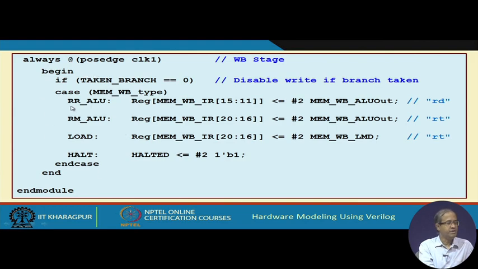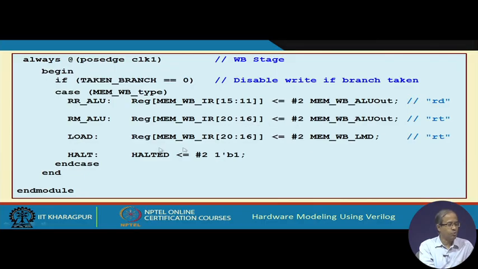So, what you do? If it is an RR ALU, you recall there the destination register is stored in bit numbers 11 to 15 in the instruction register. So, ALU out will be stored here, that is RD. If it is RM, it is stored in RT, bit number 16 to 20.